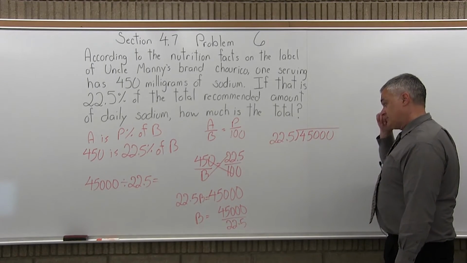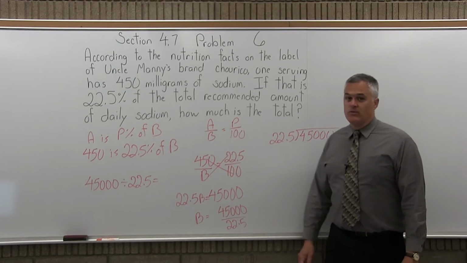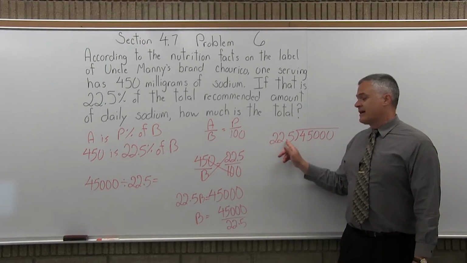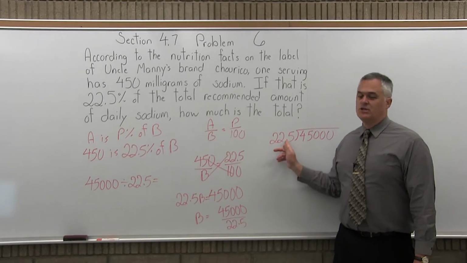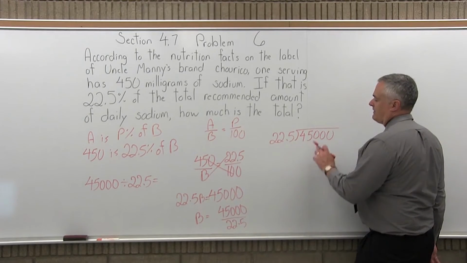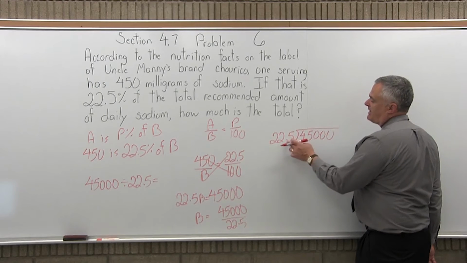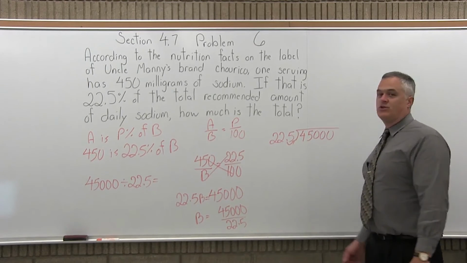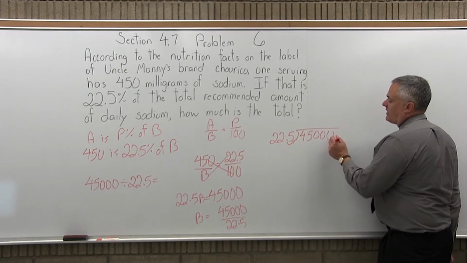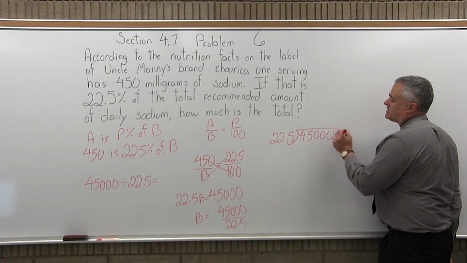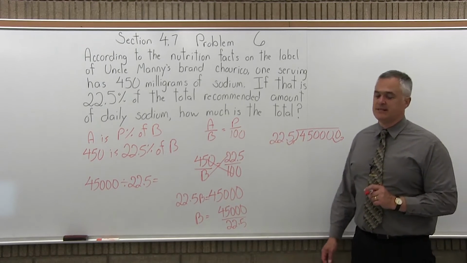Now we have to deal with the fact that I have a decimal outside of the division. If it's inside, you just bring it straight up. If it's outside, you need to move it enough positions to get it all the way to the right end of the number. To do that legally, you have to move it the same number of positions for the number under the division symbol.